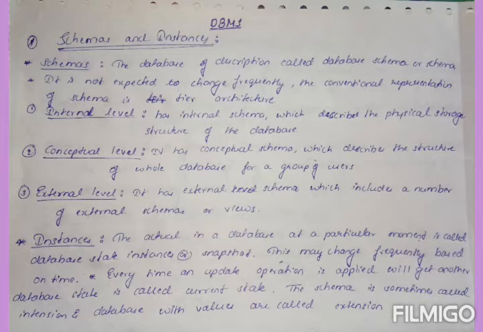Internal level has an internal schema which describes the physical storage structure of the database. It only tells the storage structure of the database. Conceptual level has a conceptual schema, which describes the structure of the whole database for the group of users.